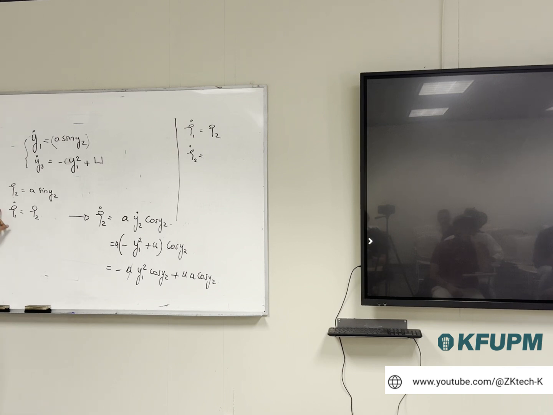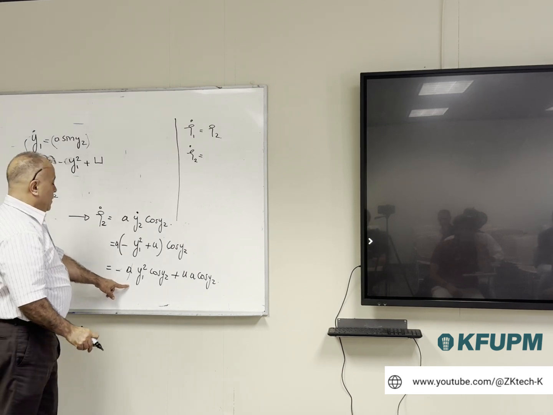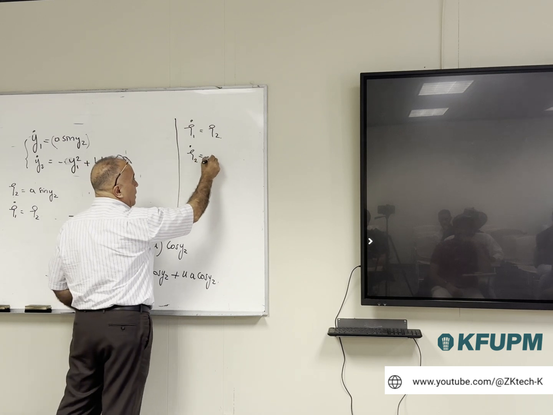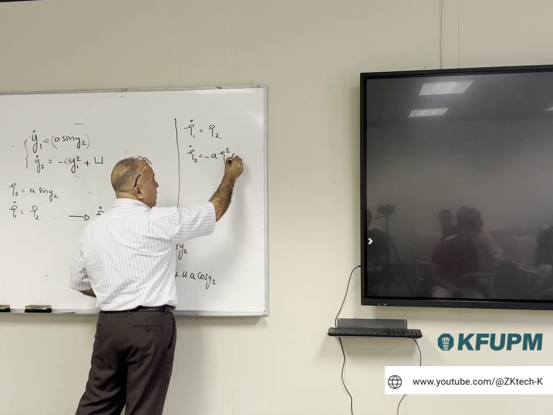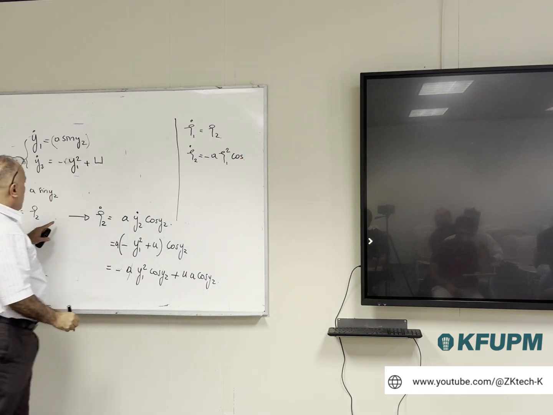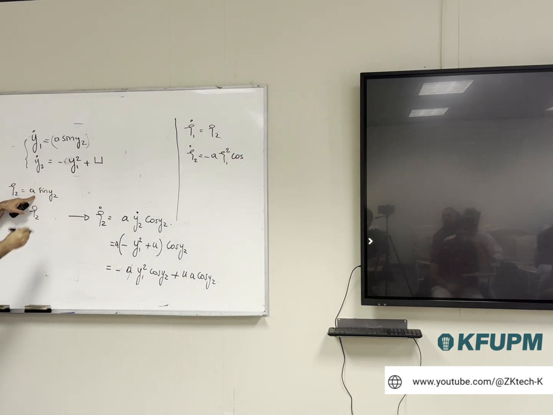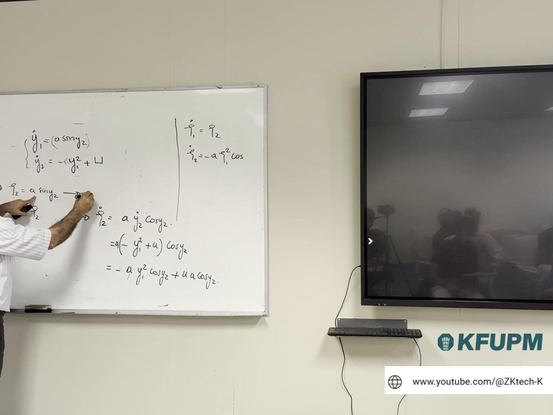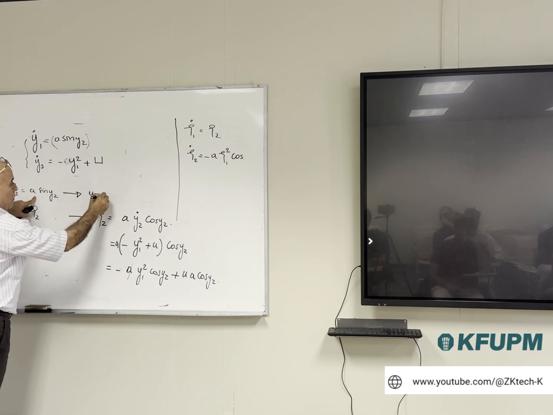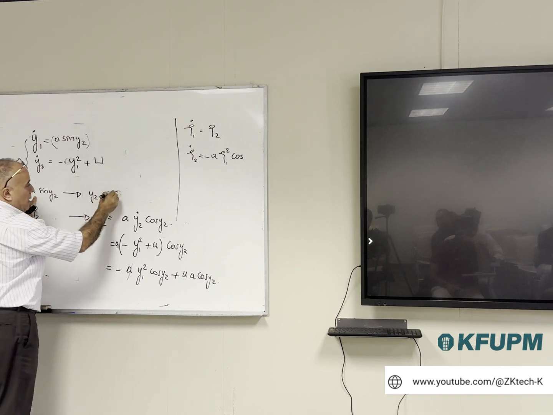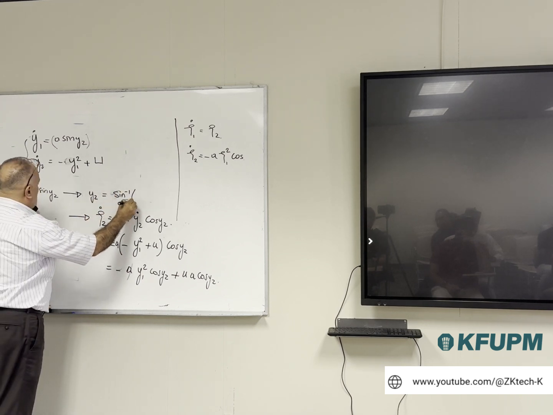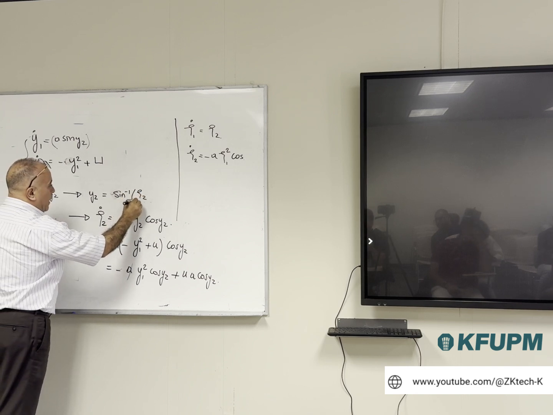So we know that y1 is equal to zeta 1, so this will be minus a1 minus a zeta 1 squared multiplied by cosine of y2. But cosine of y2, based on this equation, this will imply that y2 is equal to sine inverse, or arcsine if you want, of zeta 2 divided by a.